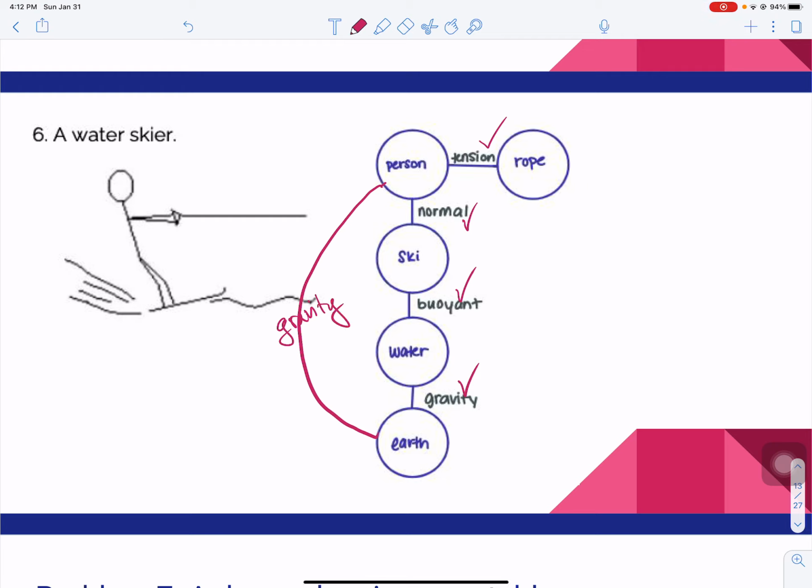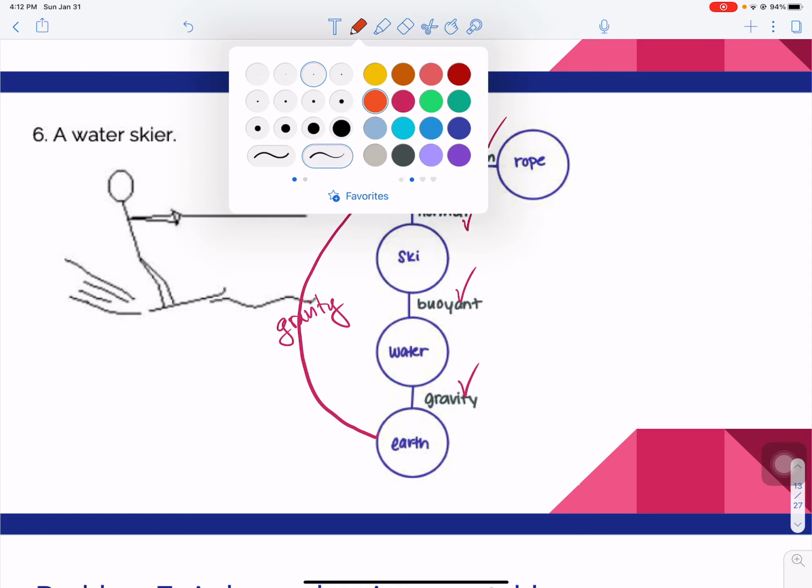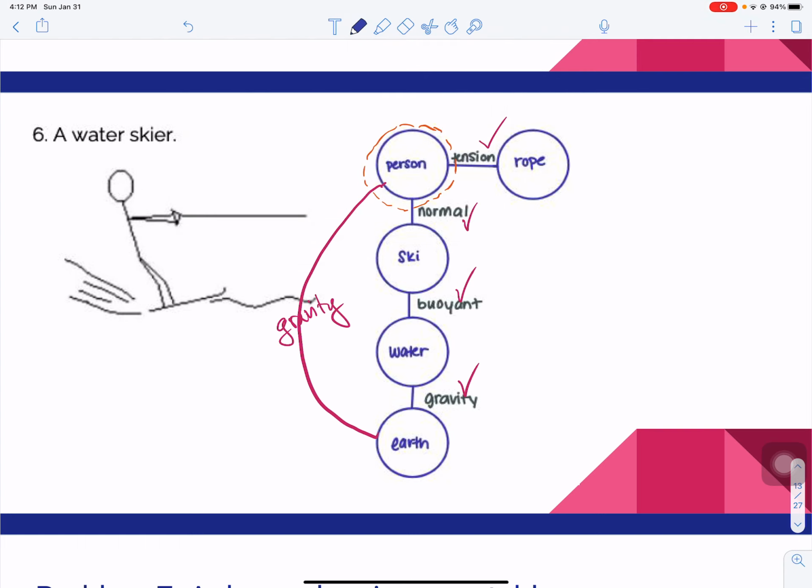If we are doing a free body diagram on the person, so let's draw our boundary. On the person, we can see that, including what I've drawn, there are 3 forces. But if you only used the initial one before I corrected it, then you would have tension going this way.